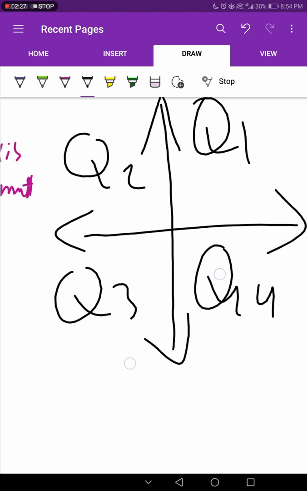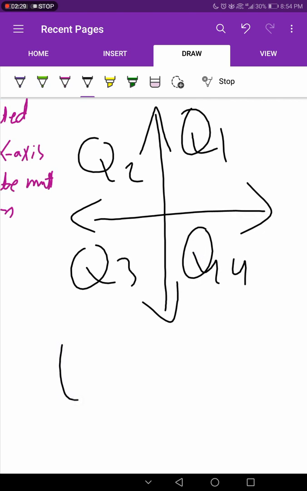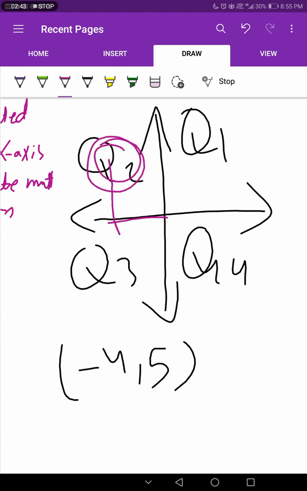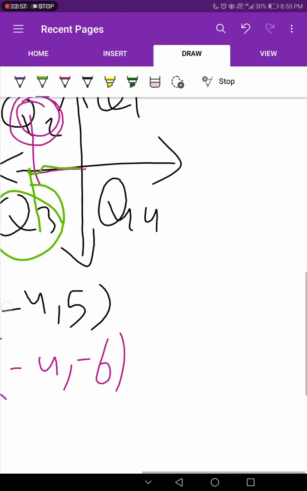And tomorrow I will ask you this point, for example, negative 4 and 5, in which quadrant you have to move negative 4 to the left and 5 up, so it is in the second quadrant. If I ask you negative 4 and negative 6, you will tell me I will move negative 4 to the left and negative 6, so it is in the quadrant number 3. This is the first thing.